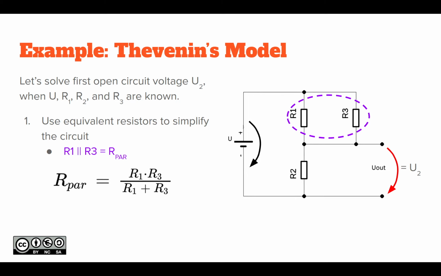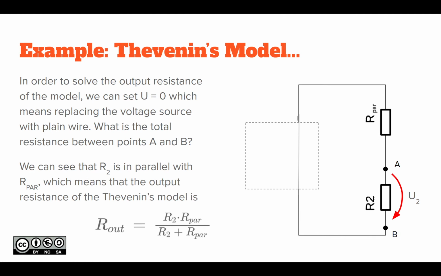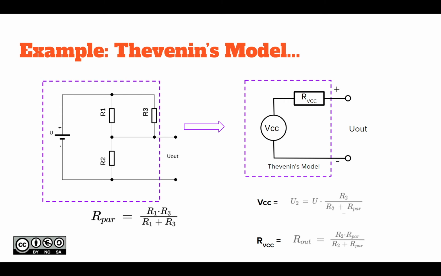Simplify these parallel resistors, use the voltage divider equation to get the open circuit voltage, and then think that the voltage supply is actually just a straight wire. For the impedance sense, it is exactly that. And then we have this output resistance, and we have the full Thevenin's model, like this one.